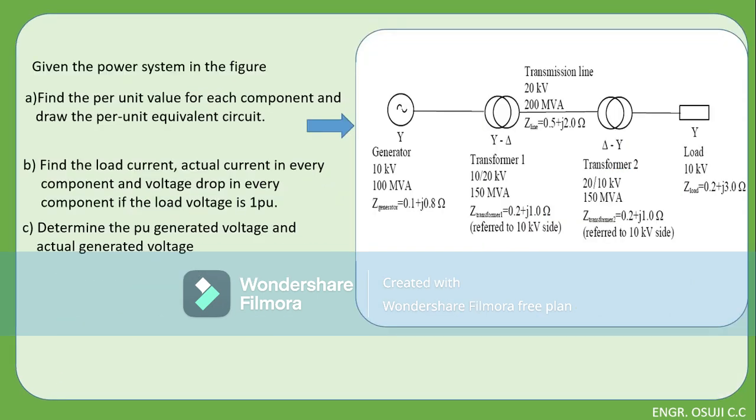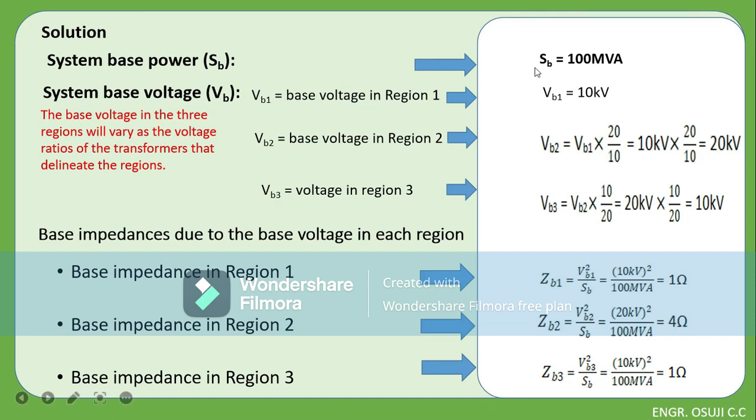You can see here that this generator's voltage is 10 kV, whereas its power is 100 MVA, and we are taking these as our base values. So we have 100 MVA as the base power and 10 kV as the base voltage, but this 10 kV is actually in region 1.